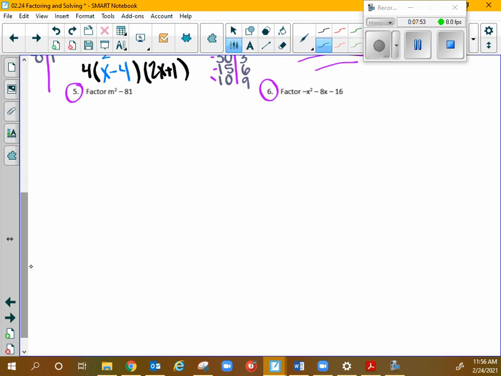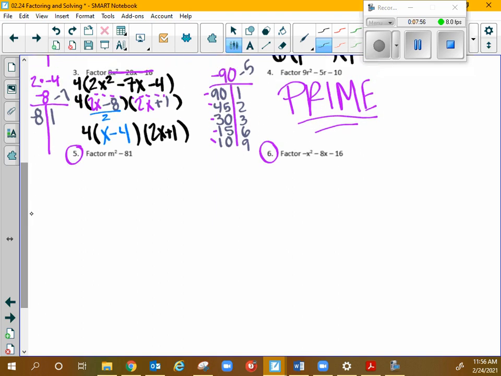Number 5, m squared minus 81. One little trick. M squared minus 81. What is your b value? 0. There's nothing there, right? So if you end up with a scenario like this and you're a little confused, add in the 0.